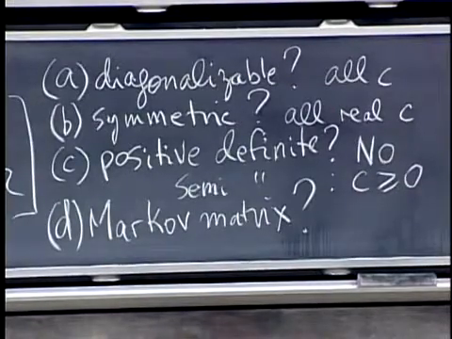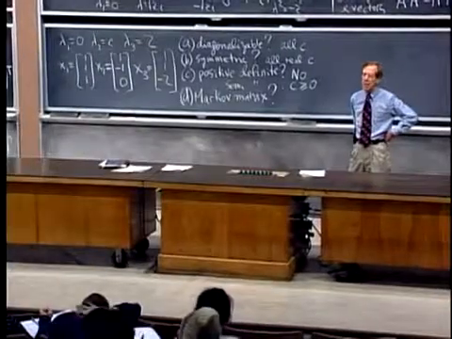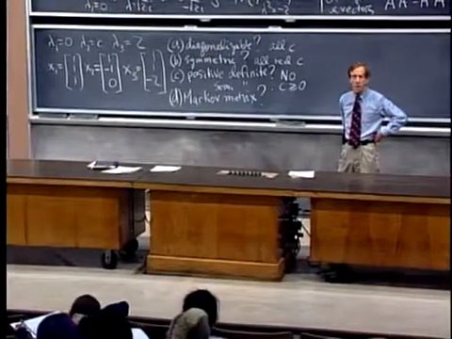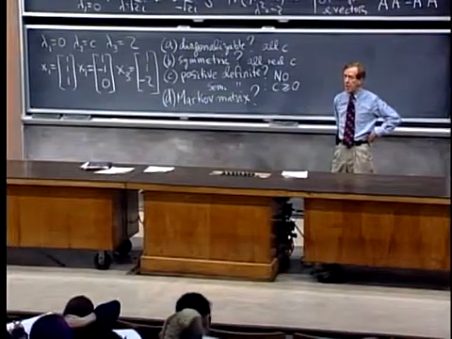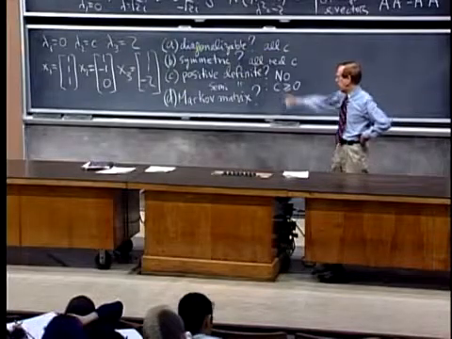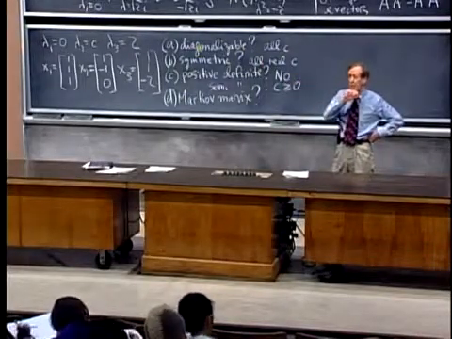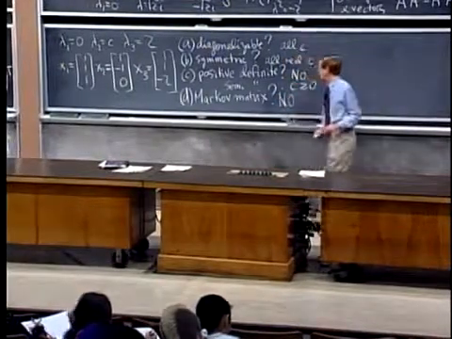Well, what do we know about Markov matrices? Mainly, we know something about their eigenvalues. One eigenvalue is always 1, and the other eigenvalues are smaller, not larger. So an eigenvalue 2 can't happen. So the answer is no. That's never a Markov matrix.